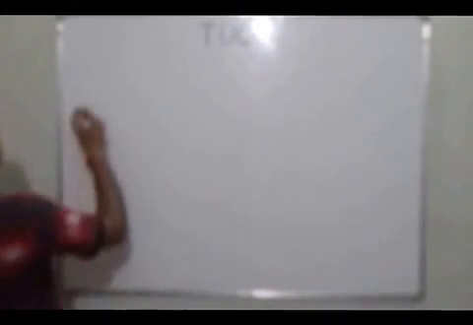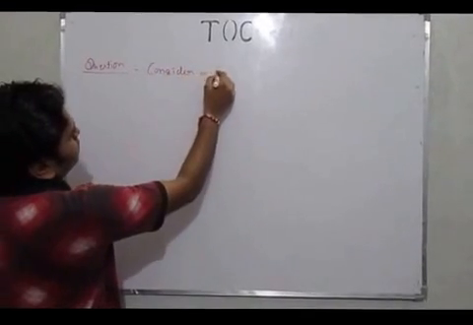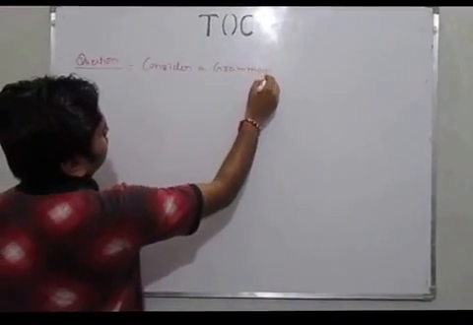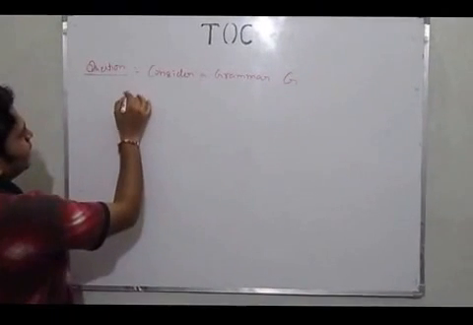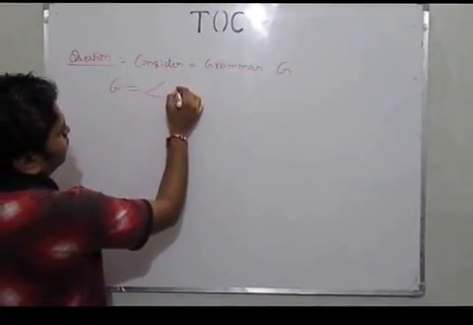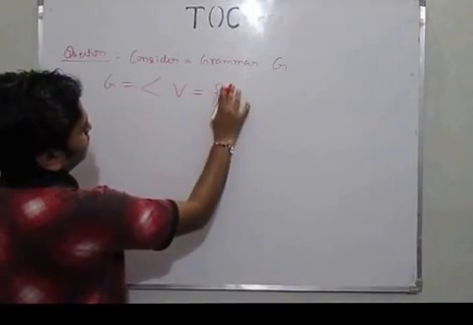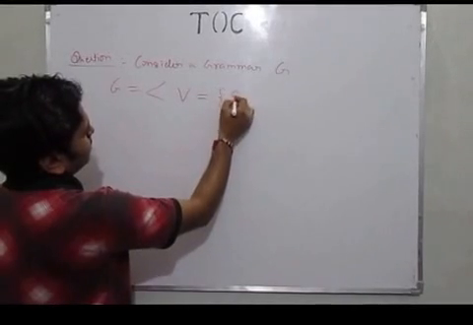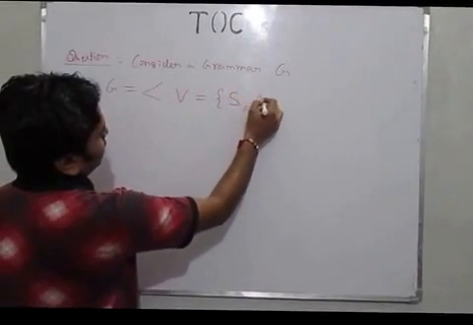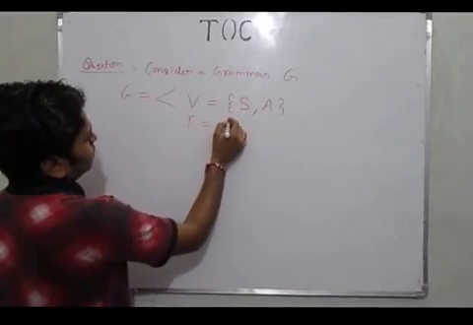There is a question that you have been provided a grammar. Consider a grammar G as: there are variables S and A, and we have terminals a, b.